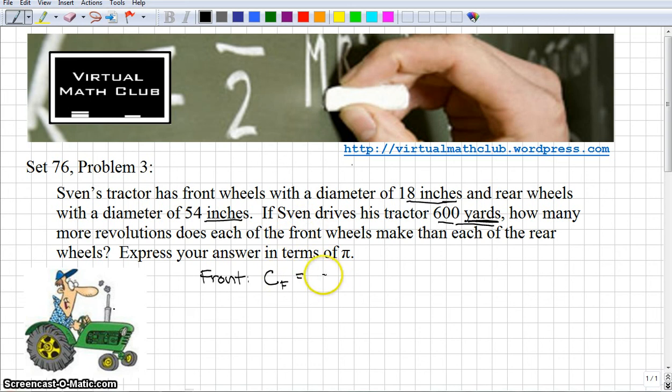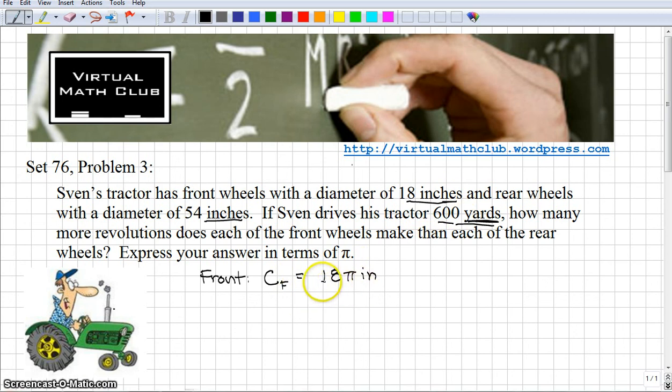So we have to be careful about that. The front wheels are 18 inches in diameter, so we could just take 18 pi, and that's going to be the circumference of the front wheels. But let's convert this to yards, because we're working in yards when we actually calculate how far he's traveled.